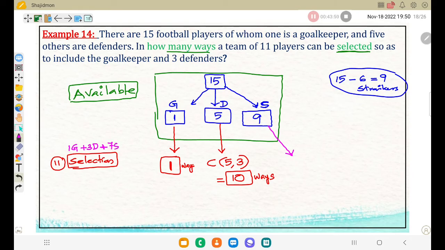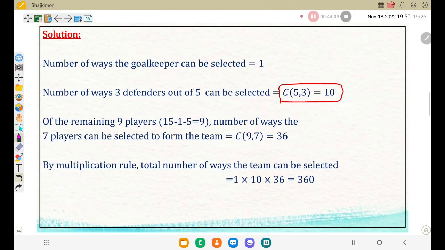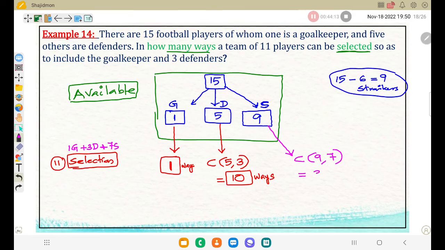Then only we will get the 11 players, correct? So from the 9 strikers we need to select 7. So what can we write? Combination of 9, 7: out of 9 strikers, I need 7 strikers. You can check how many ways we can choose. Combination of 9, 7, you will get 36 ways. So here equal to 36 ways.